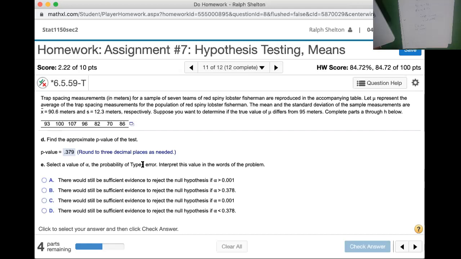Here's what a type 1 error is. Let's say you're testing some hypothesis, and you've stipulated some mean value for the population and you want to test that. Well, let's take the case that that's actually true, that is the mean value for the population. So let's say we somehow know that, but it is in fact true.